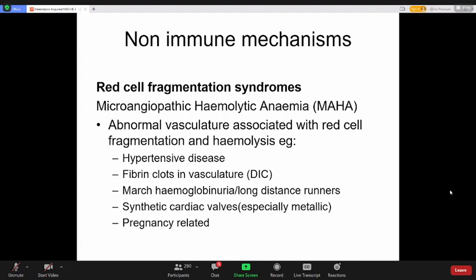Again, patients who have had synthetic cardiac valves, and remember, different materials are used to make synthetic cardiac valves for patients who have valve disease.